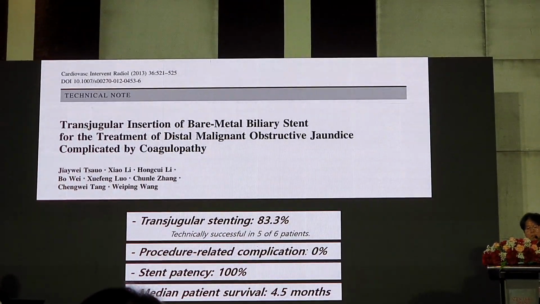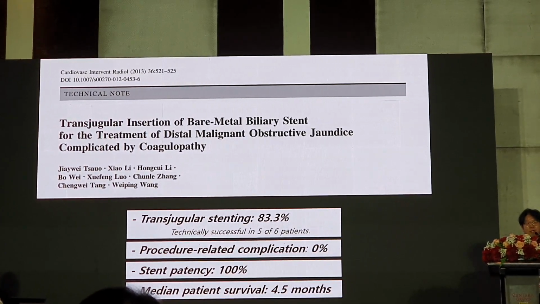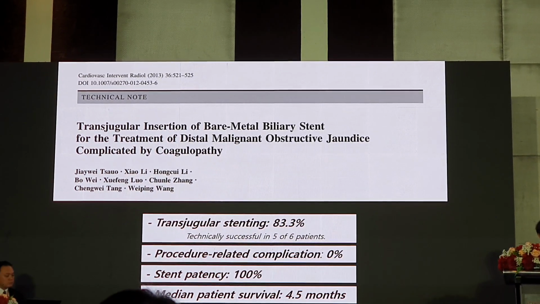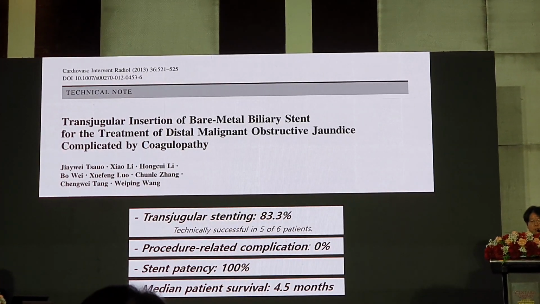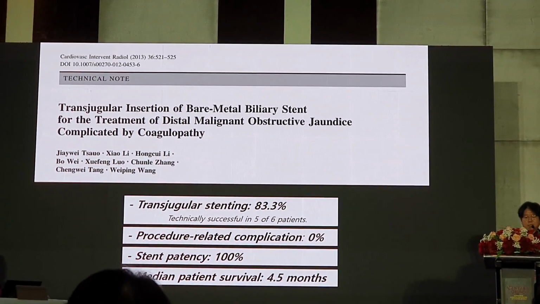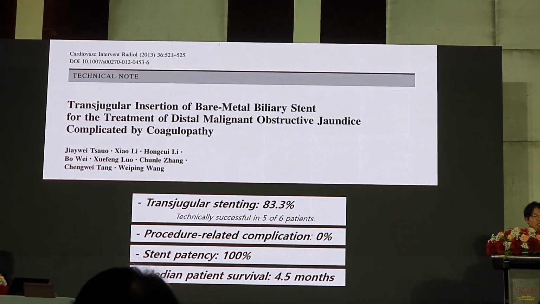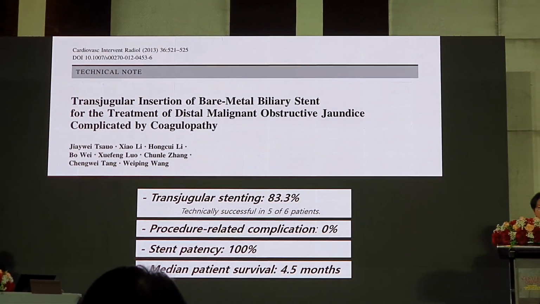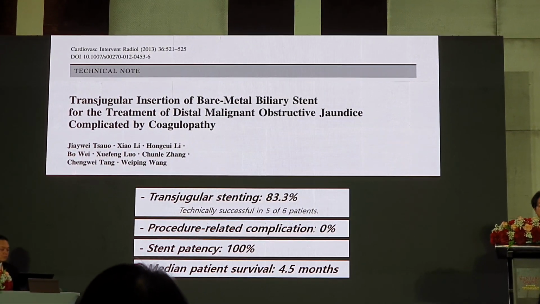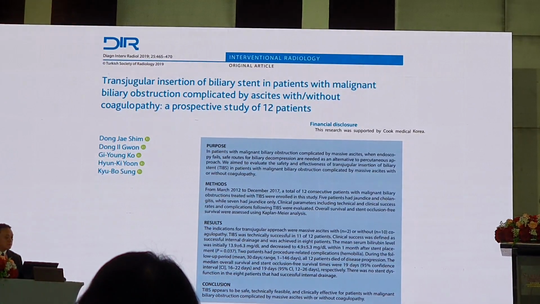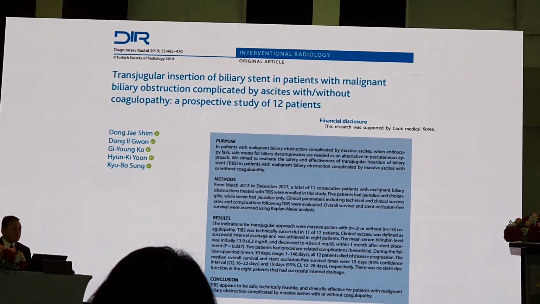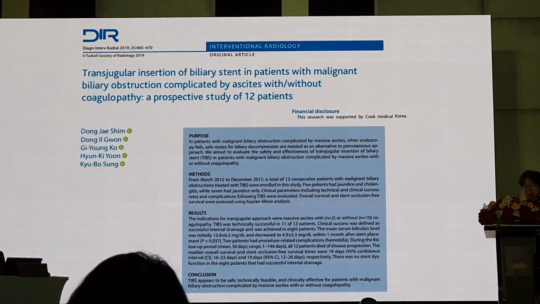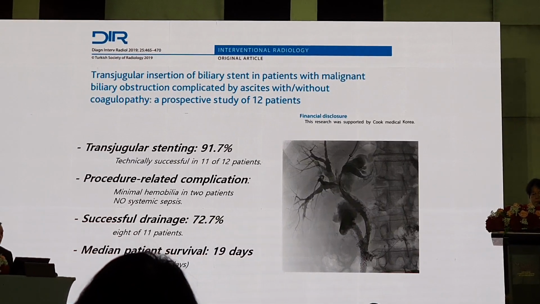This is a second case report from China. The transjugular stenting was technically successful in 83.3%, with no procedure-related complications. Stent patency after stenting was 100%, and median patient survival time was 4.5 months. We performed a prospective study of transjugular biliary stenting in 12 consecutive patients.